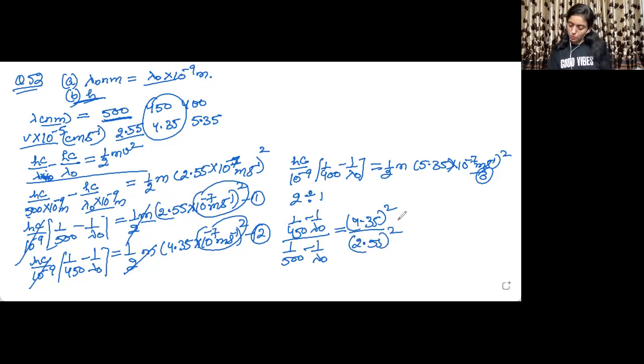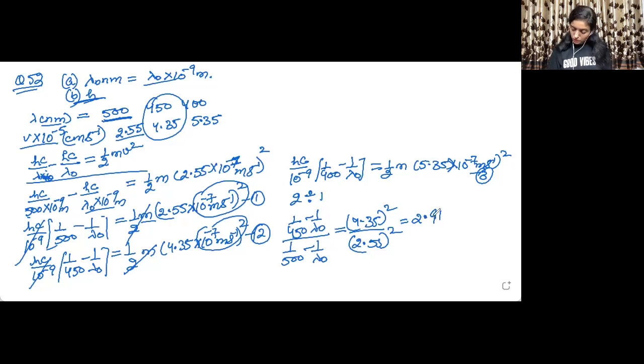Okay, I'm just quickly calculating this value. 4.35 square divided by 2.55 square comes out to be equal to 2.91.